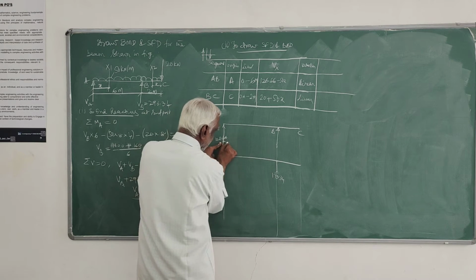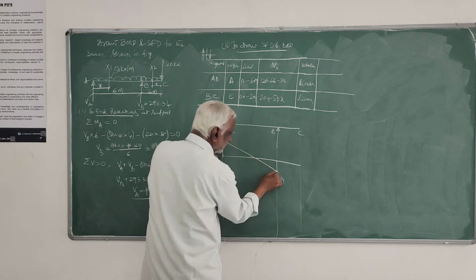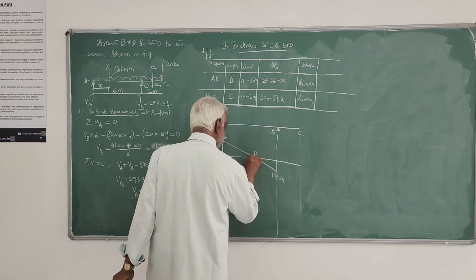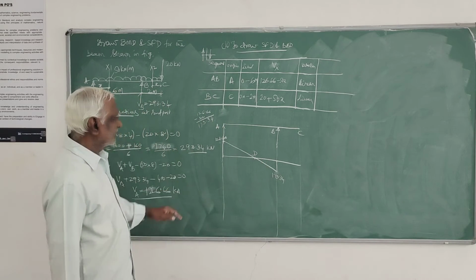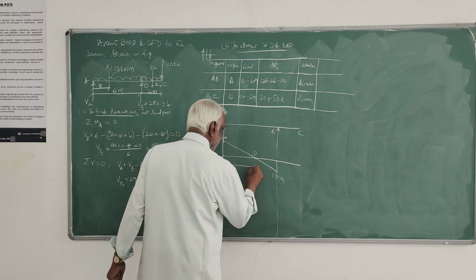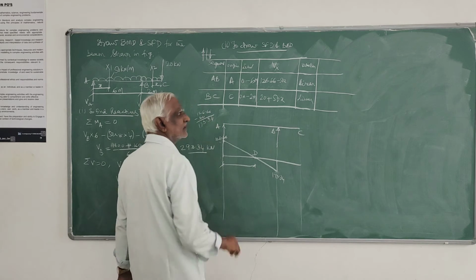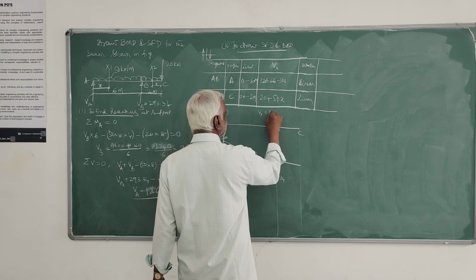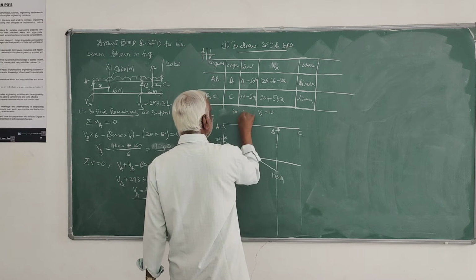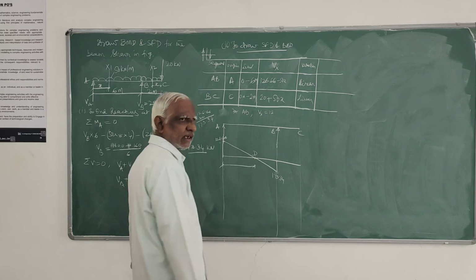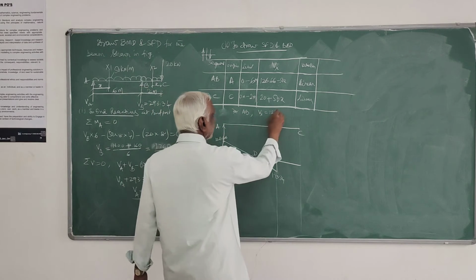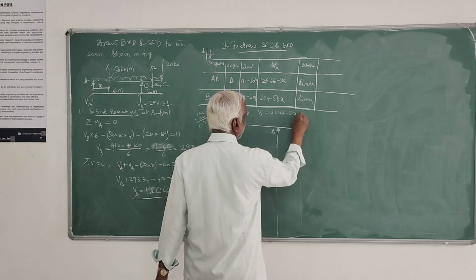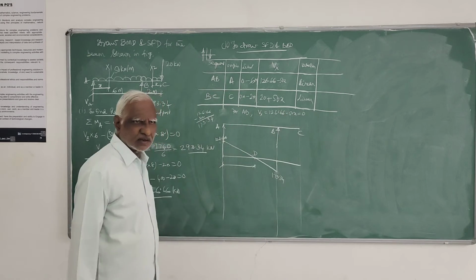You draw a line. Somewhere here it becomes 0. You call that point 0, where the shear force is 0. You can determine that x. So Vx, for the AB portion, Vx equals 126.66 minus 50x, that's equal to 0.